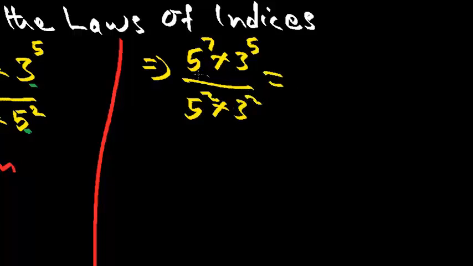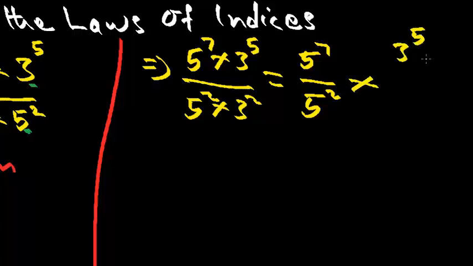Now we are going to separate this. So we have 5 exponent 7 over 5 exponent 2, times 3 exponent 5 over 3 exponent 2.